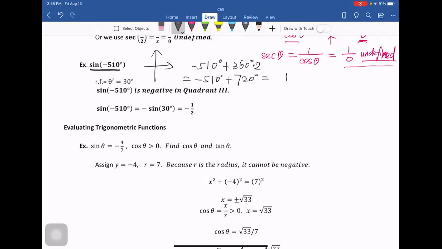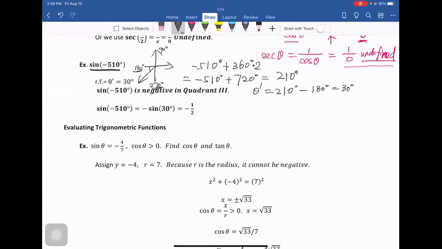That is 210. So 210. This is 90 degrees. This is 180 degrees. This is 270 degrees. So 210 is between this and this. It is in the third quadrant. So in the third quadrant, theta equals 210 degrees subtract 180 degrees.